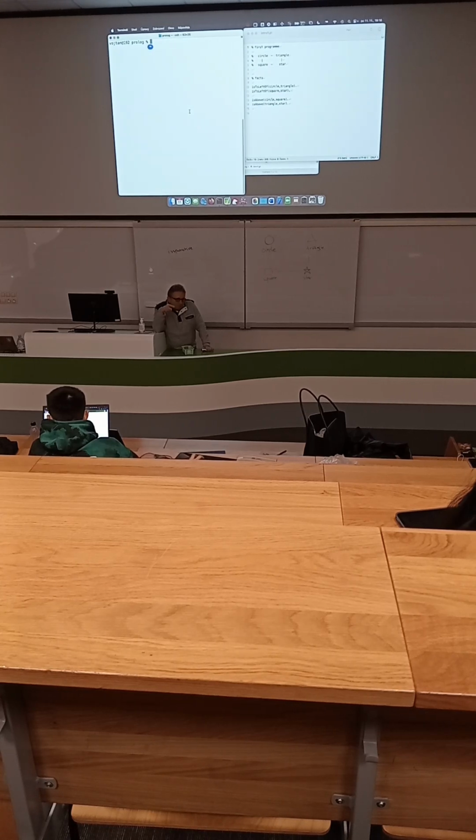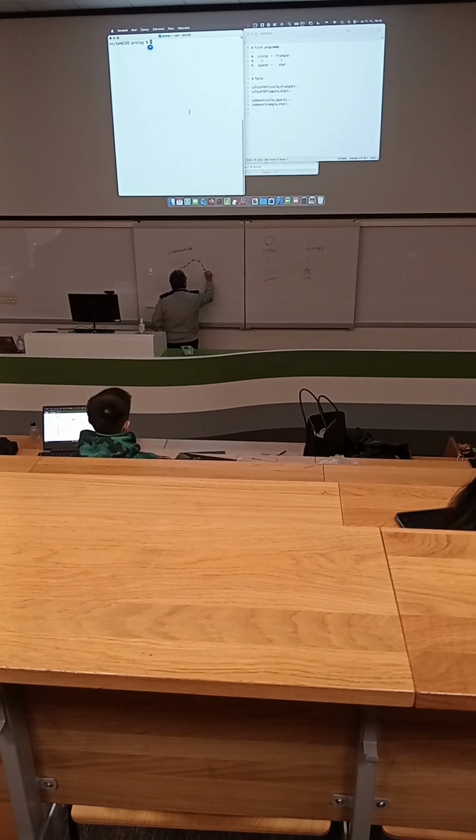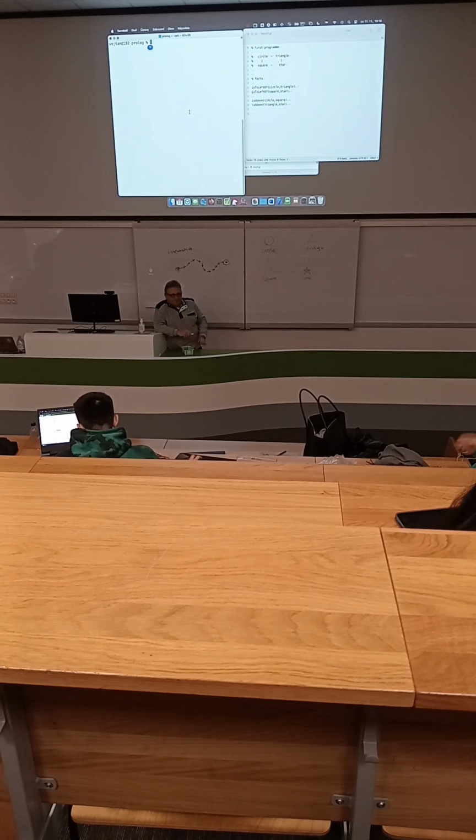You have loops, you have some conditional branching and so on, and you are describing the exact way where to go to the goal. So you have some start, and you are describing the sequence of commands, how to get your result. This is imperative stuff.